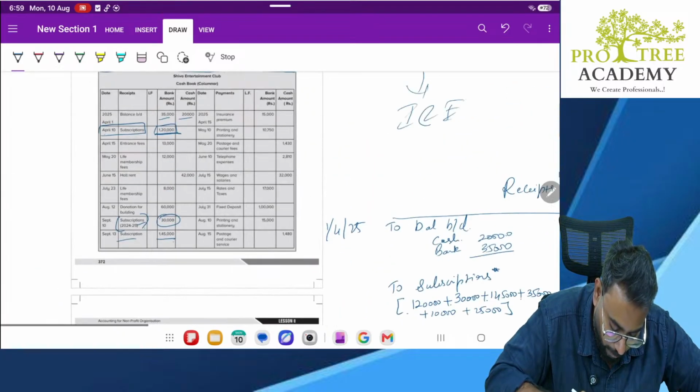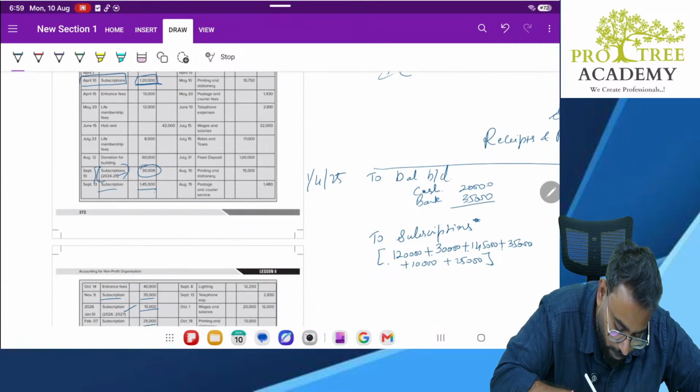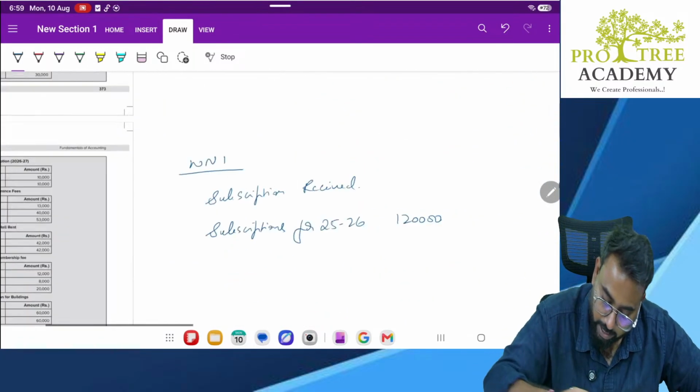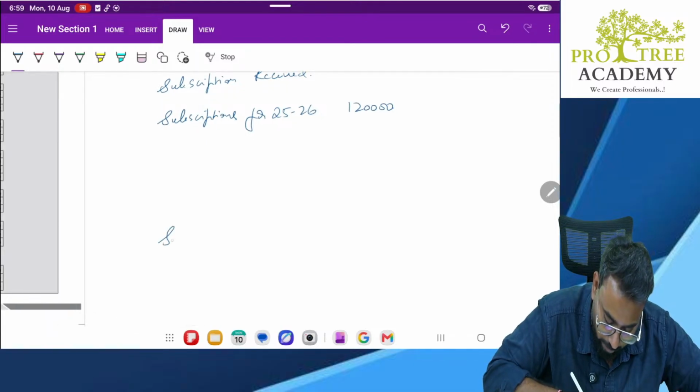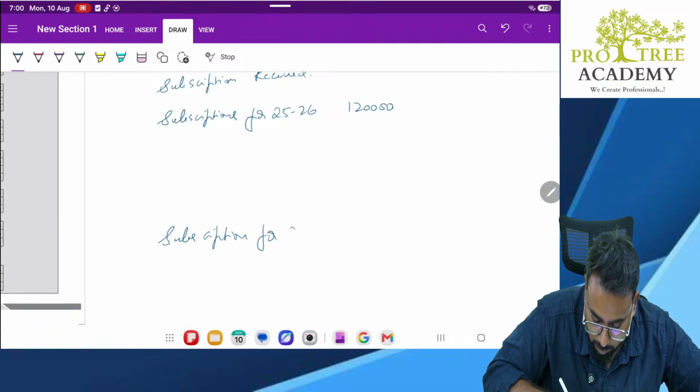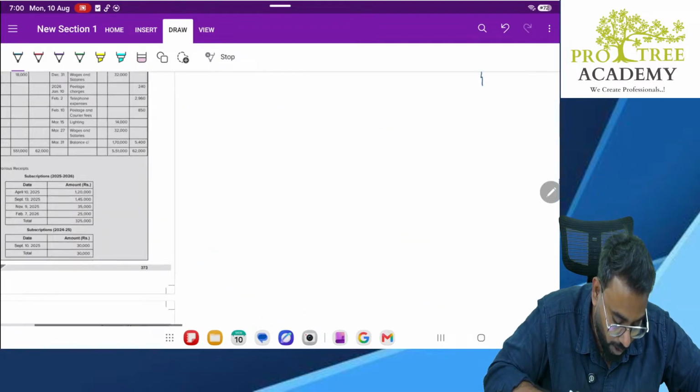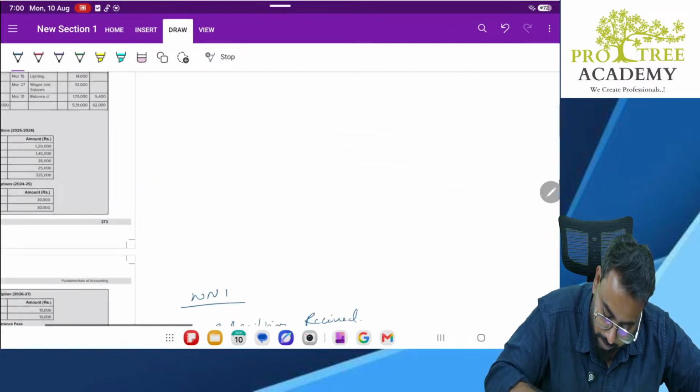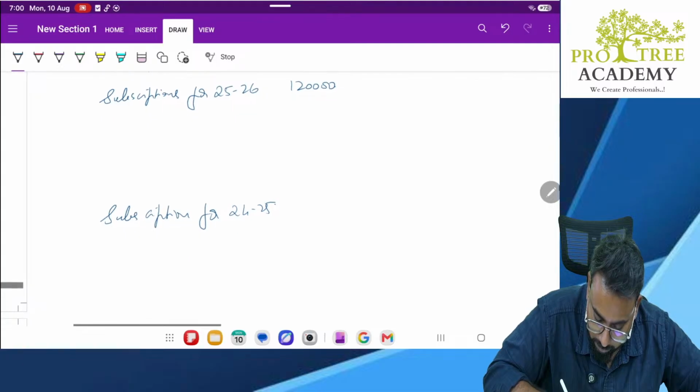Then they have told you subscription for 24-25. This will come under subscription for 24-25. We'll write it separately, just because your institute has presented it like this. 24-25, how much is that? 30,000.